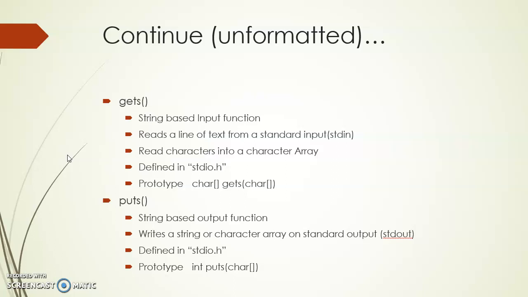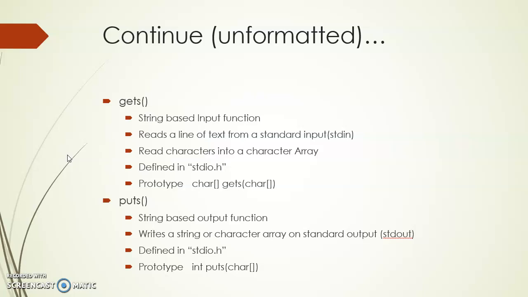All the characters read by the gets function are stored in a character array to make it a string. The prototype of the gets function is shown here. We can see an array of characters is passed as an argument to this function, and the function also returns a character array to some character array variable.